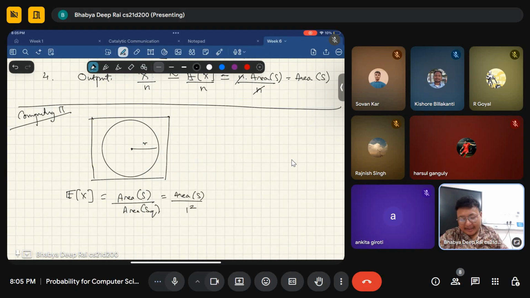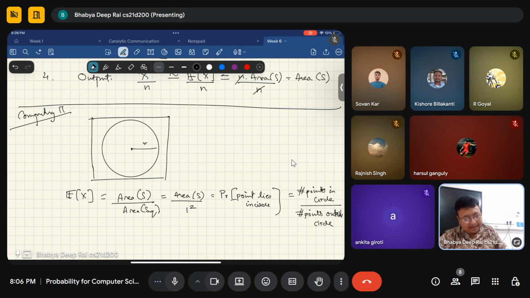But this is also equal to the probability, like we saw, that any point lies in the circle. But what is this probability? This is the number of points in the circle divided by number of points outside the circle but inside the square.